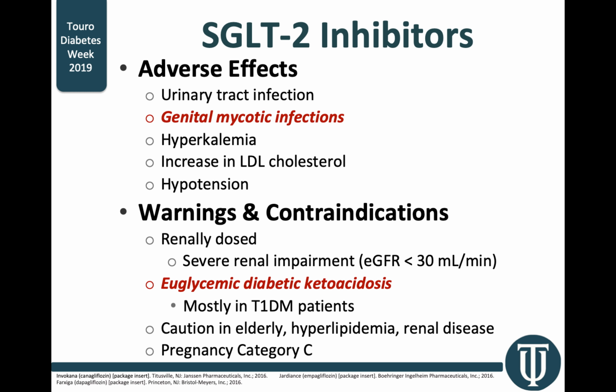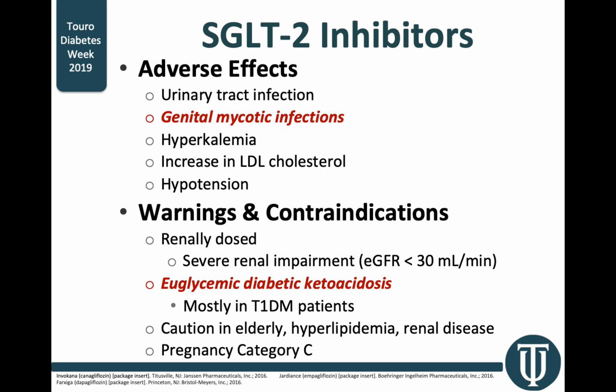So in terms of warnings and contraindications, as I mentioned earlier, we will have to make sure the patients on this medication have sufficient renal function to clear out the medications. So for those who have severe renal impairment, this is not the medication to use. We also found that this medication class can cause euglycemic diabetic ketoacidosis, and mostly the cases are seen in type 1 patients.